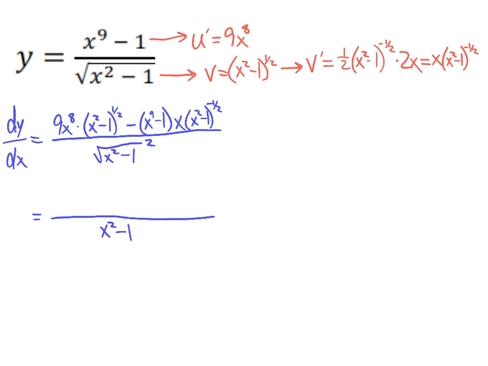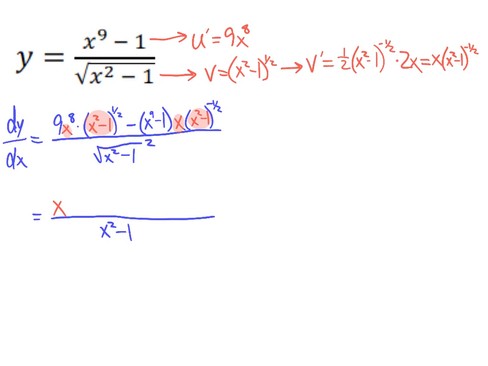Now, here's the part that can be a little complicated if you're not careful. You'll notice that I do have an x in common, so I'm going to pull out an x. However, you'll also notice that I have an x squared minus 1 in common. Where this can get tricky is, what do I actually pull out?